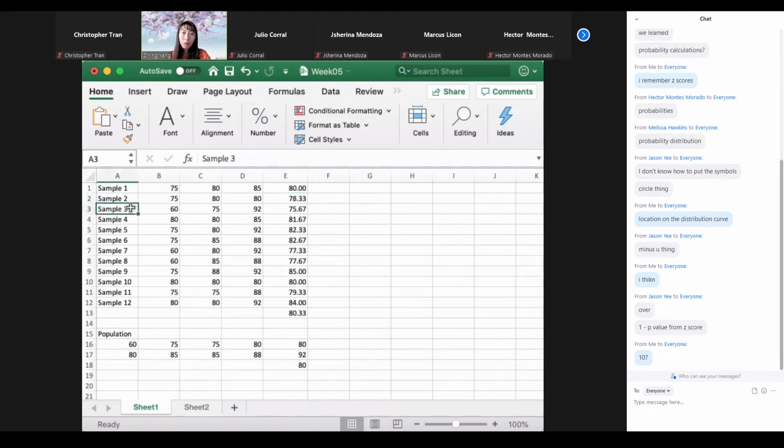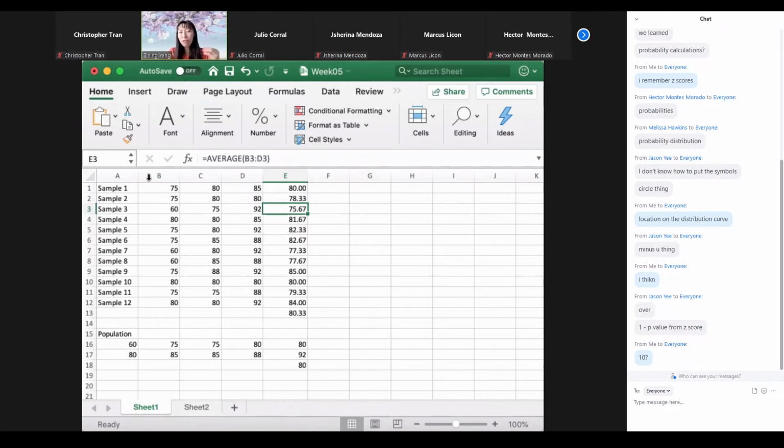If you look at sample 3, sample 3 has a mean of 75.67. So that deviates even more from 80, right? You have over 4 points of difference, almost 5 points difference. And that's a letter grade difference. So now you're saying, well, I think they're performing at the C level. But that deviates even more.